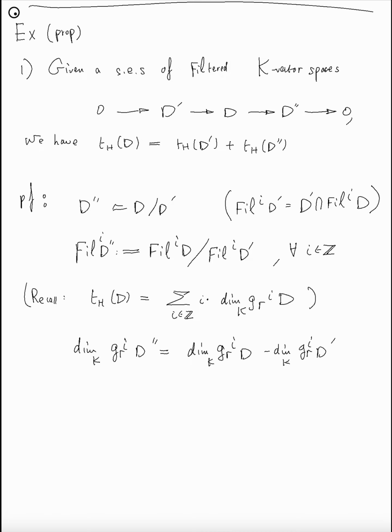And then again, using this formula, this is telling us the Hodge number of D equals the Hodge number of D prime plus the Hodge number of D double prime.